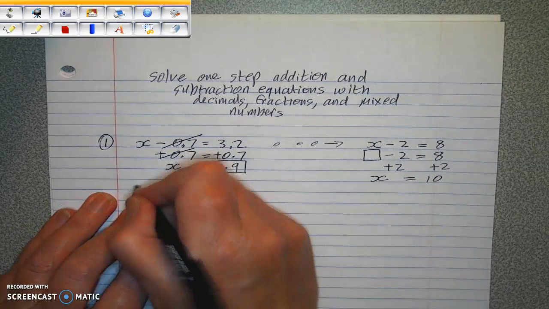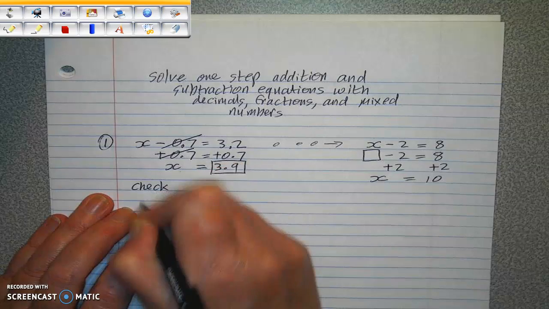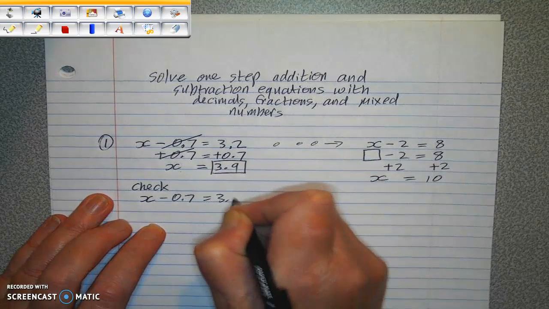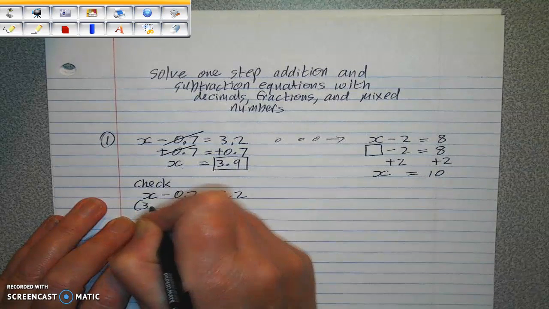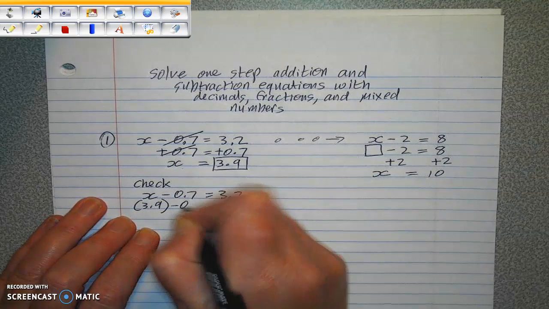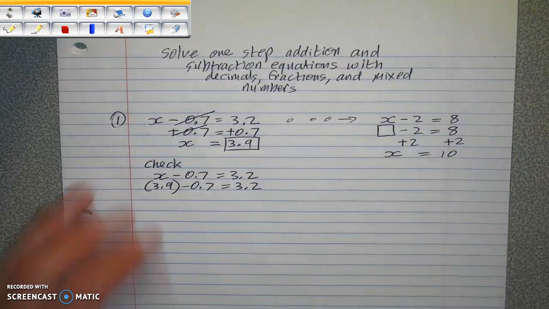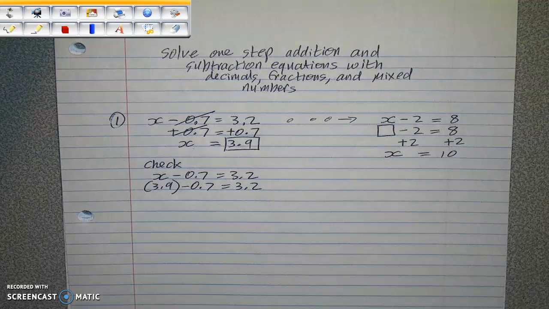And then, of course, you can check your work by substituting your answer in. Always use parentheses when you substitute your answer in. If I take 7/10 away from 3 and 9/10, do I get 3 and 2/10?